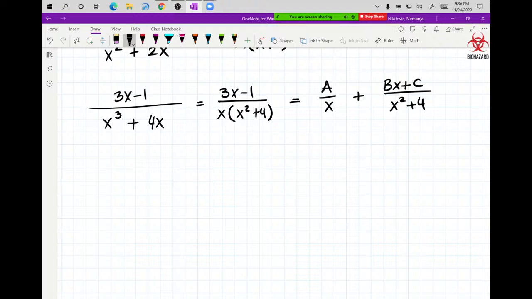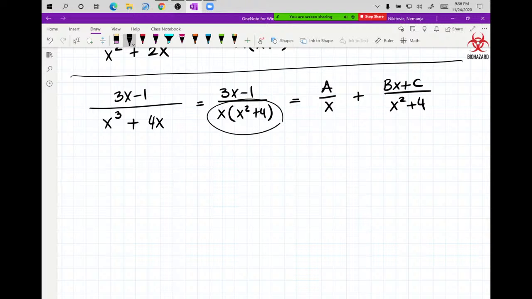Now, how do we solve these, right? So anytime you get these partial fraction decompositions, you already have your target denominator right here. So you multiply what's missing from that denominator into each one of these. And that creates the equation that you use to do partial fraction decomposition.